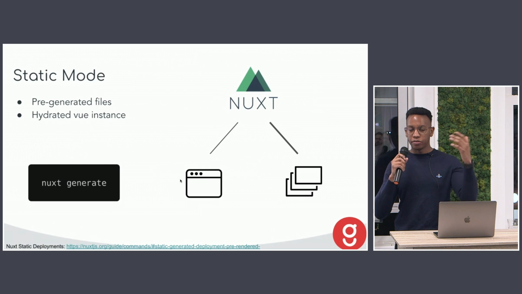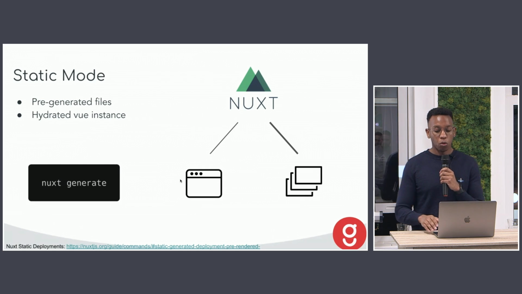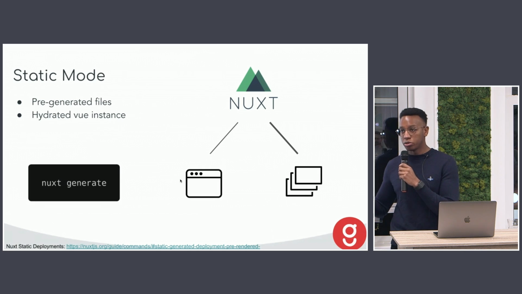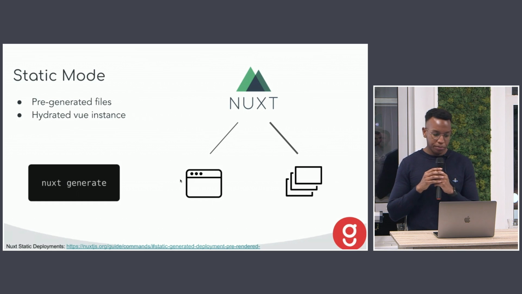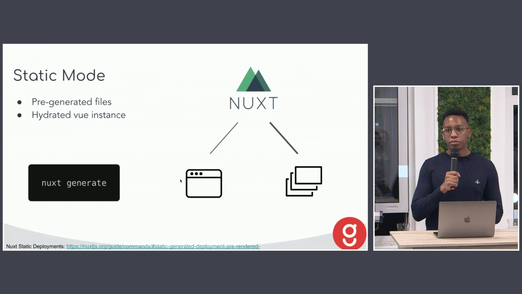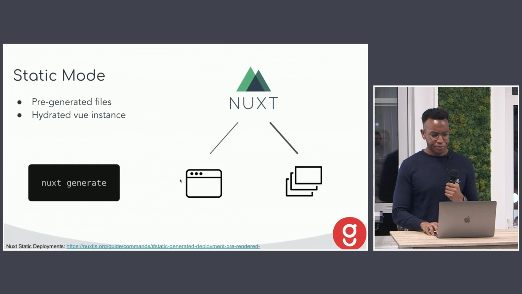It will go to the first route and then walk through the remaining routes to generate all of the files for your application, so that you can go and host those in a CDN or on a server somewhere. That also will include a client-side bundle that will hydrate to allow dynamic consecutive clicks.